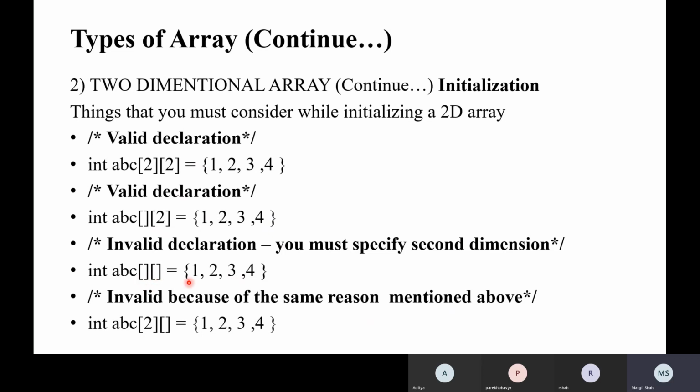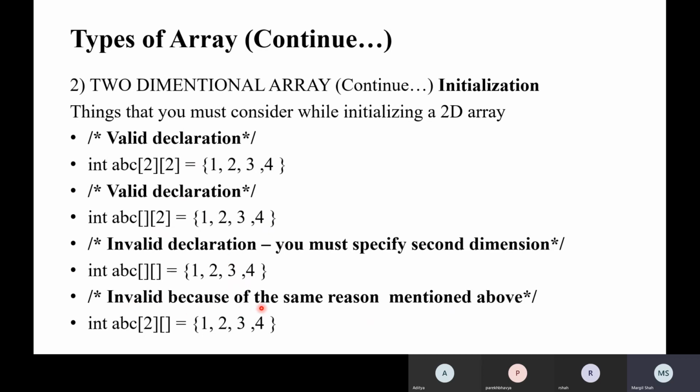It may be a 2 by 2 array, or a 3 by 3 array also. In the case of 3 by 3, you might think there are only 4 elements, so what about the others? Then 3 is in the second row, 4 after it, and the remaining are assigned 0. That is why this is an invalid declaration.